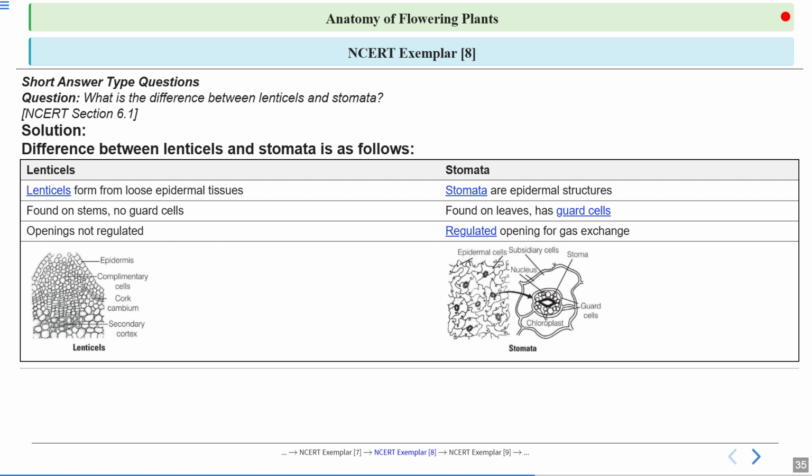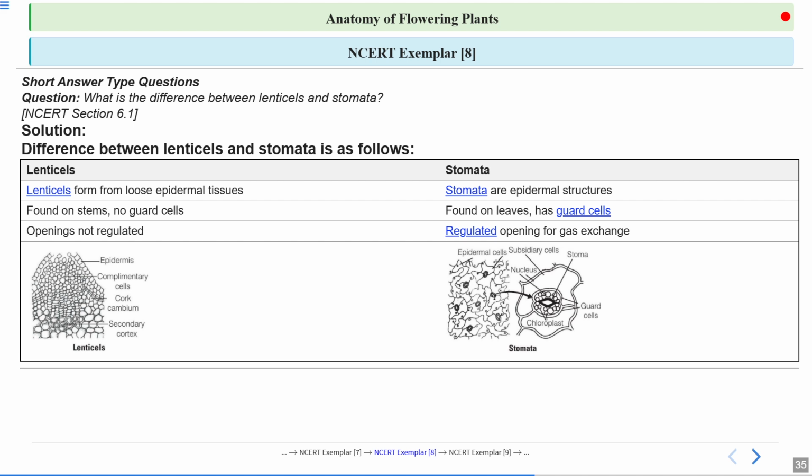Now lenticels, where they are formed, the location: found on stems, no guard cells. They do not have any guard cells, and they are found on the stem. Even the peel of vegetables and the peel of fruits have these lenticels. Stomata are found on leaves and have guard cells.